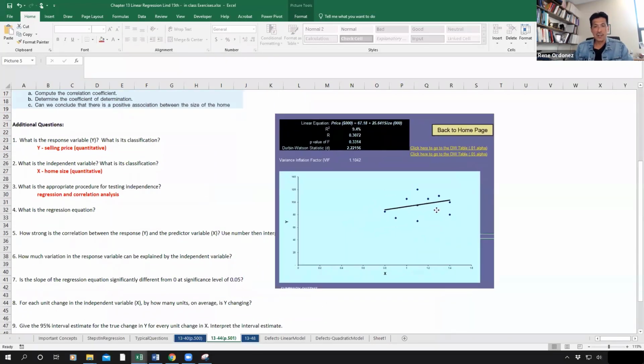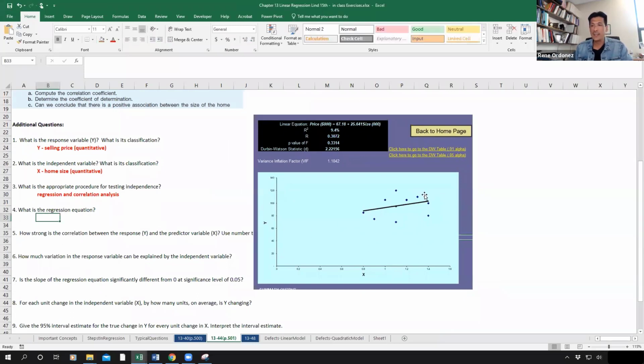All right, so the regression equation would be that price is equal to 67.18 plus 25.641 size.